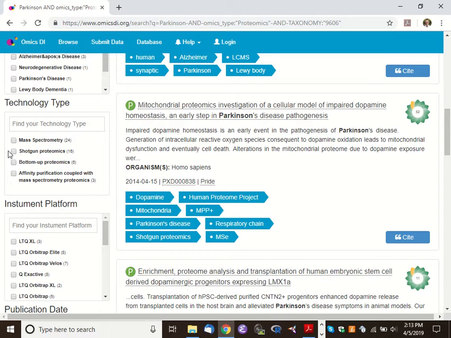However, we can see that 16 people specified that they are using shotgun proteomics. Shotgun proteomics is shorthand for what we talked about this morning. This is to say the sampling of tandem mass spectra that represent the fragments of individual peptides collected by whichever ones had intense signals in MS scans. We use the shorthand term shotgun proteomics for that.